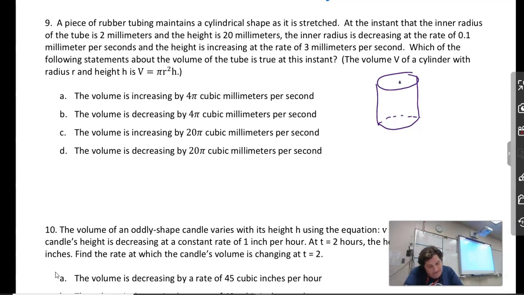At the instant when the inner radius is 2 and the height is 20, the inner radius is decreasing at a rate of 0.1 millimeters per second. The height is increasing at a rate of 3 millimeters per second. Actually, I'll just wait and put my units at the end.